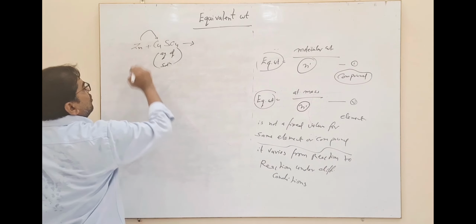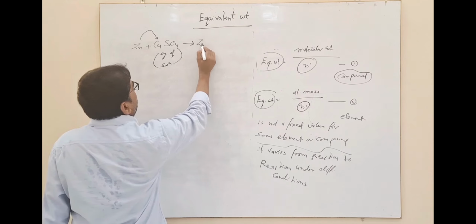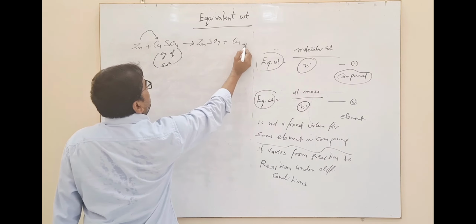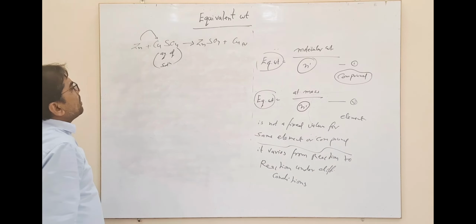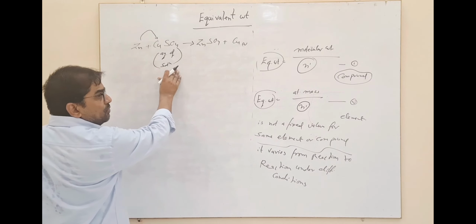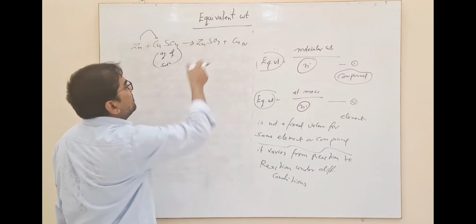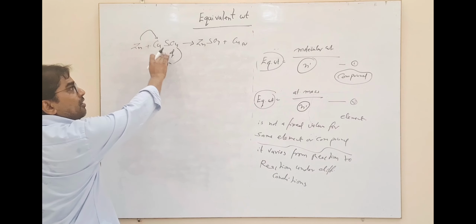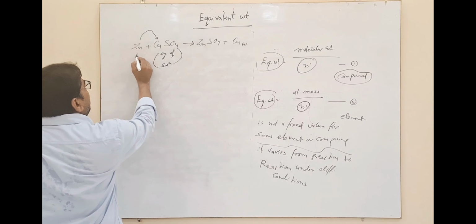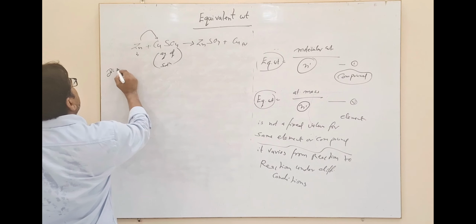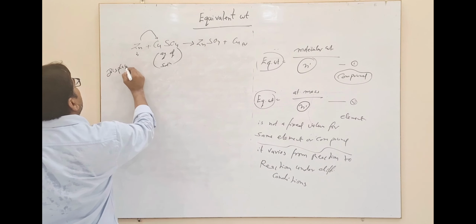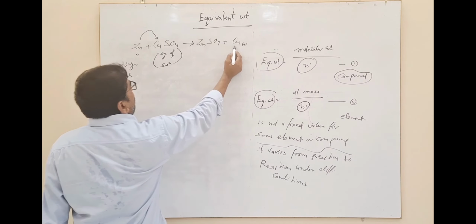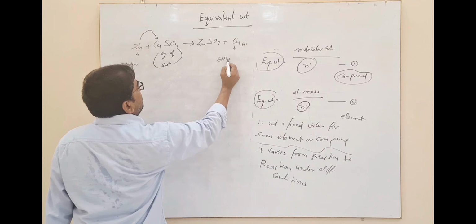Zinc displaces copper from its salt solution, and formation of ZnSO4 with elimination of copper in solid form takes place. This CuSO4 has blue color and its blue color disappears. Since zinc displaces copper from its salt solution, zinc is called the displacing metal, and copper is called the displaced metal.